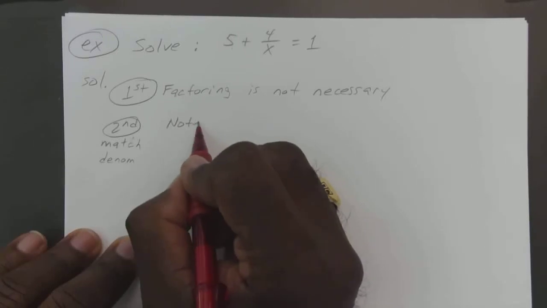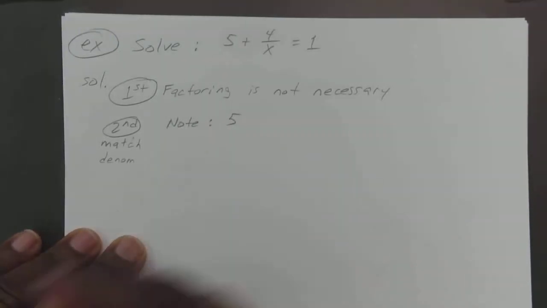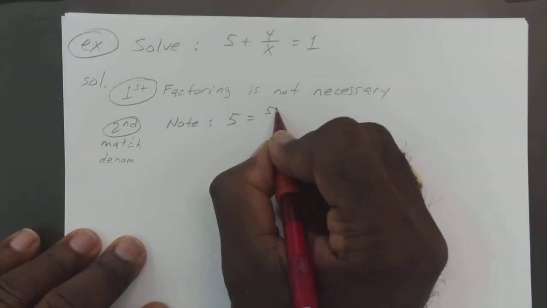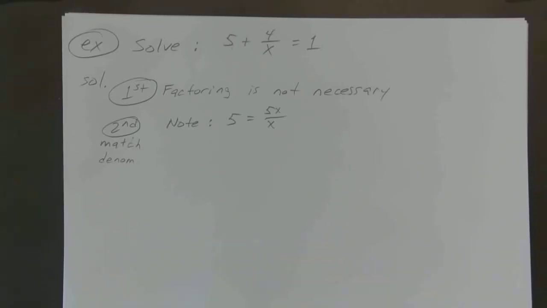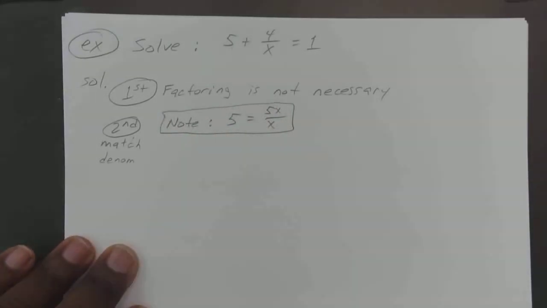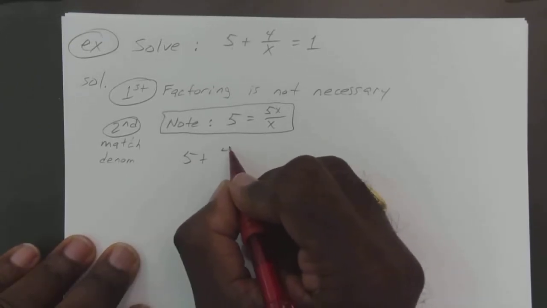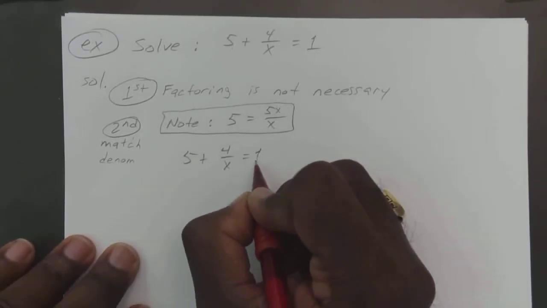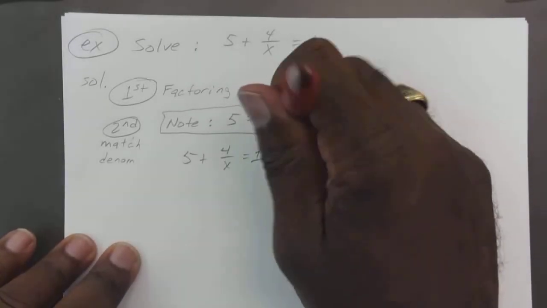Just a quick little note, that 5, you can make that equal 5x over x. When you have just a number, you can make that equal anything. So if you have 5 plus 4 over x equal 1, actually, I should have put and 1 can equal x over x.